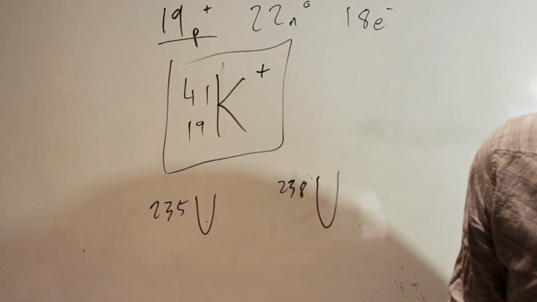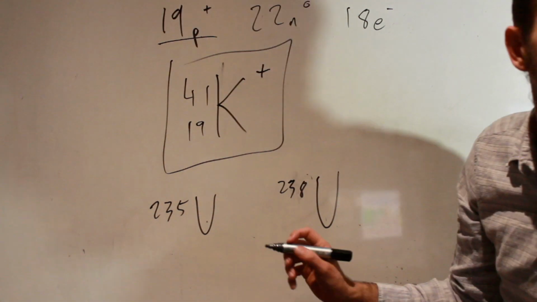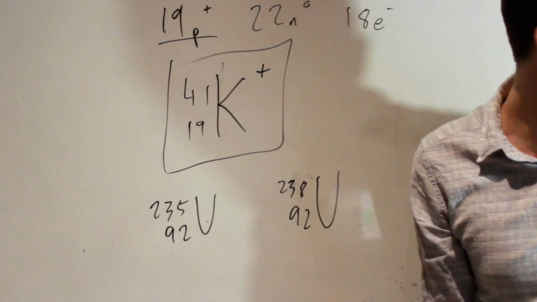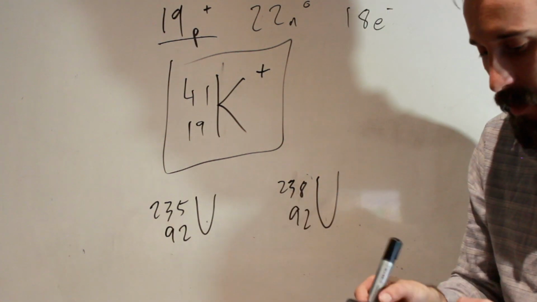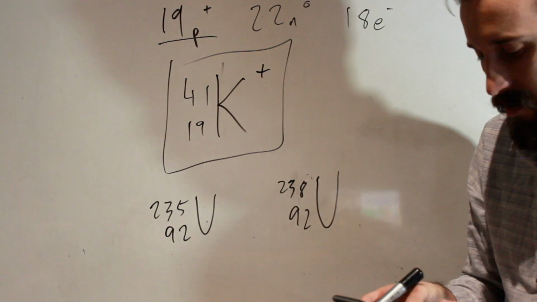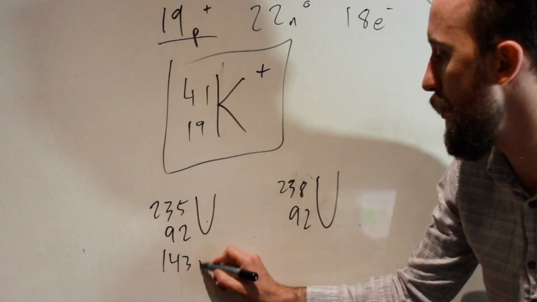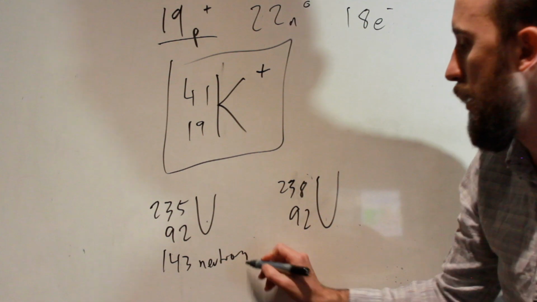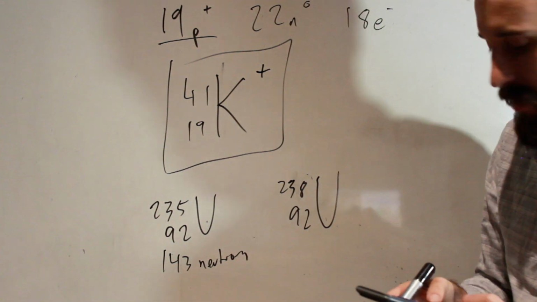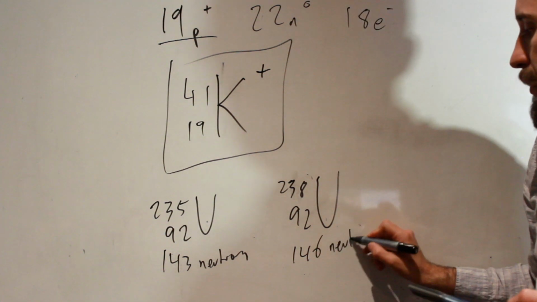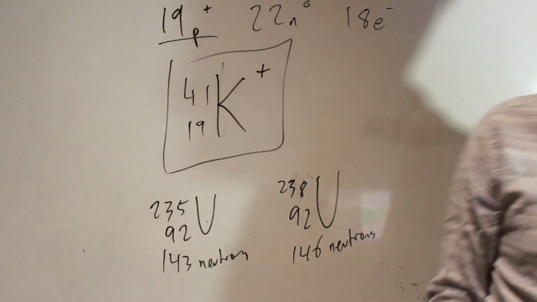On my periodic table, uranium has an atomic number of 92. So in both of these instances, we get the mass number, 235 minus 92. That's going to give me 143 neutrons for that isotope. And then 238 minus 92 gives me 146 neutrons for that isotope.